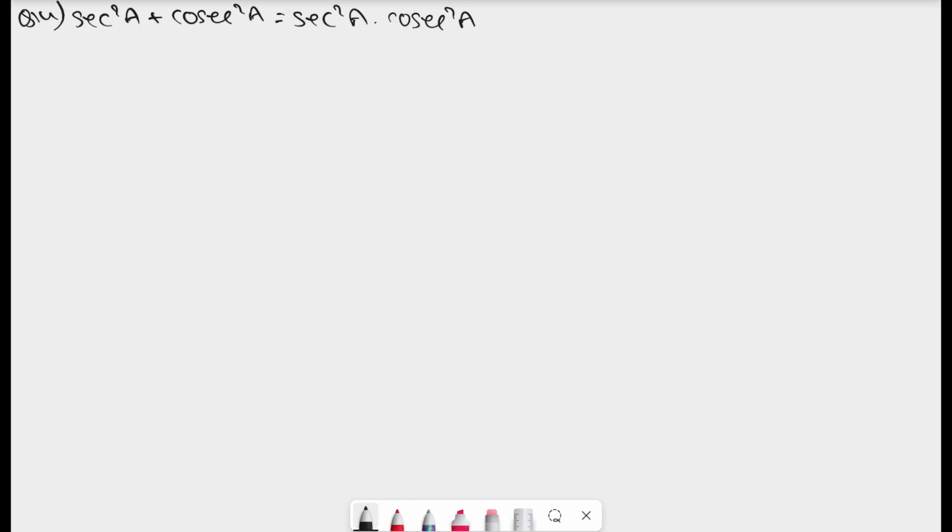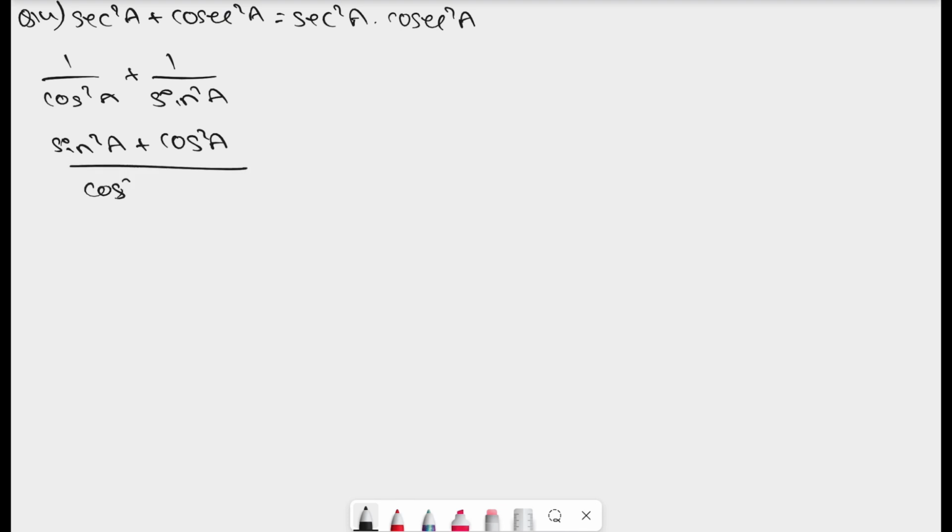So here we know that the secant and cosecant will not have any kind of relation, so convert these two values into another form. This secant square can be written as 1 by cos square A, and this cosecant square can be written as 1 by sin square A. Now go with our LCM procedure. We'll get sin square A plus cos square A by cos square A into sin square A, and we know our identity, which is sin square A plus cos square A is equal to 1.